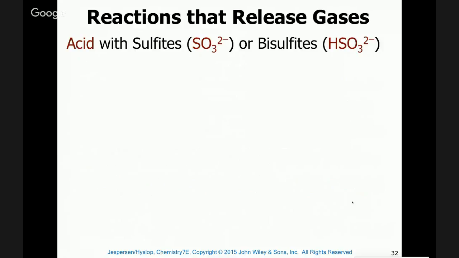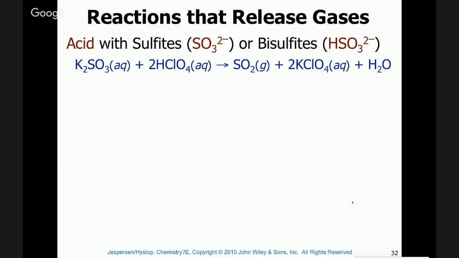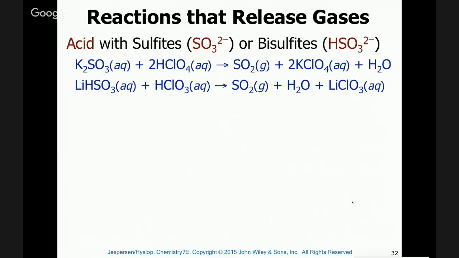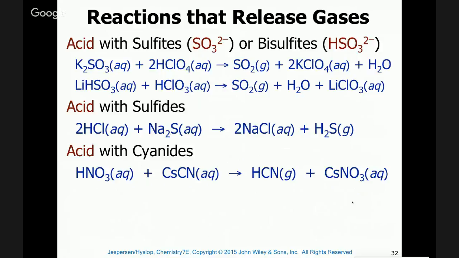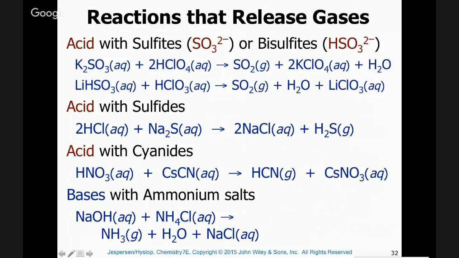Acids with sulfites and bisulfites. See examples of those. Acids with sulfides. Acids with cyanides, so they form gas. And bases with ammonium salts, so they form ammonia.